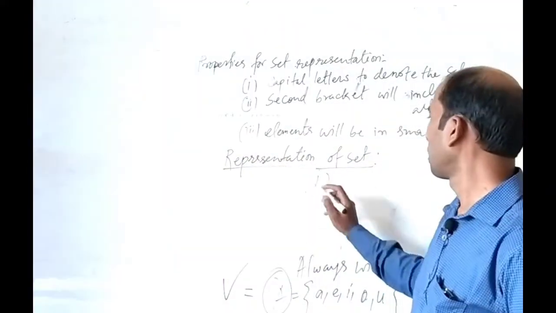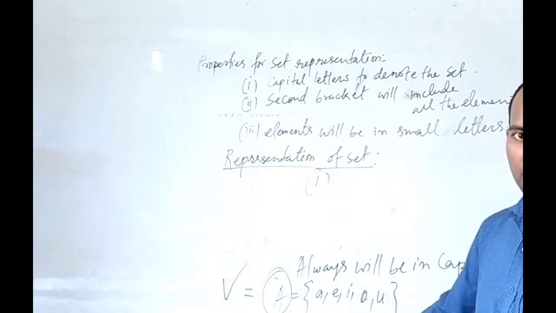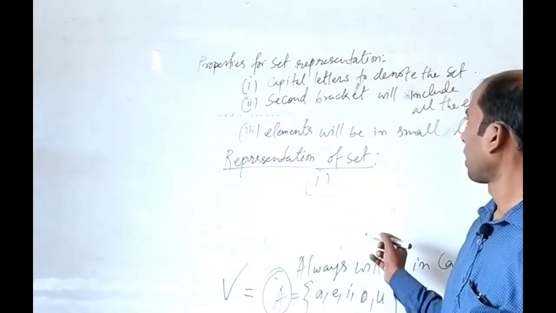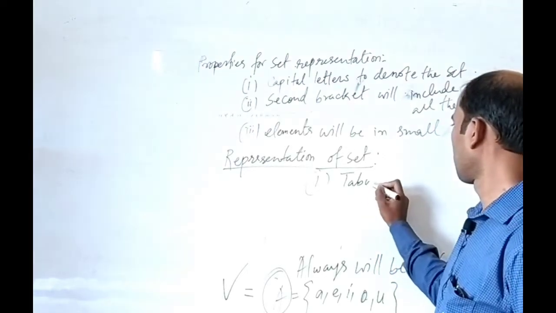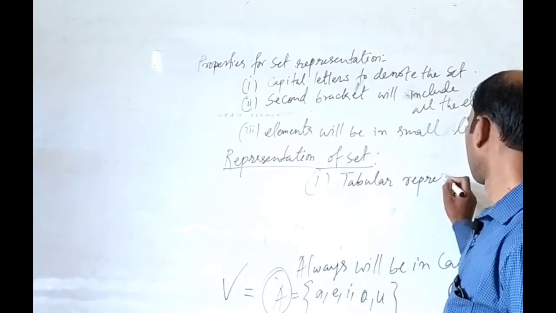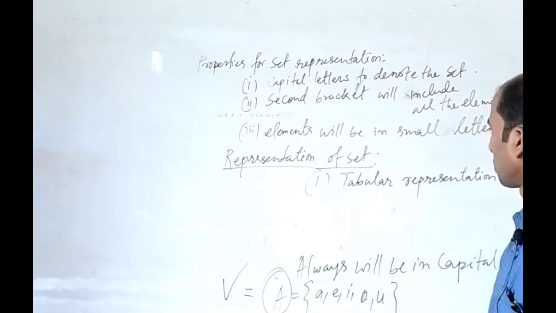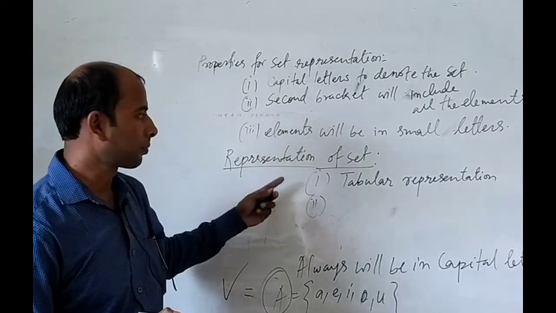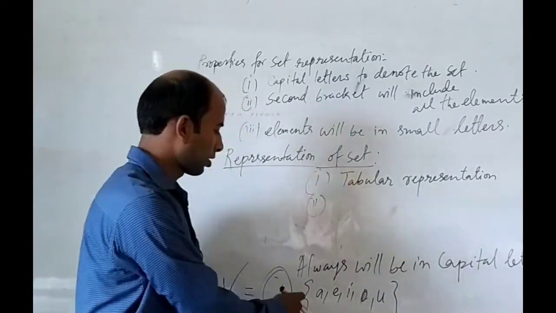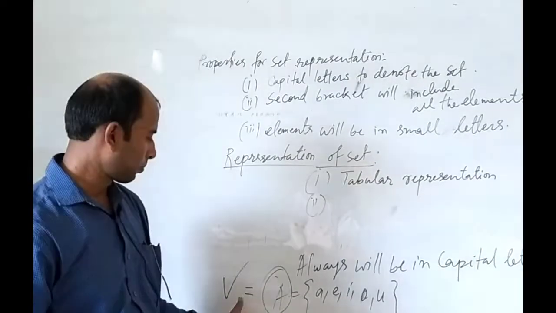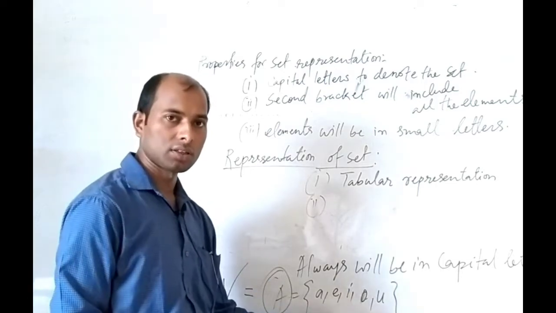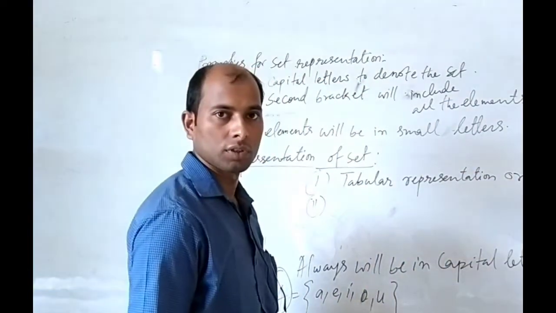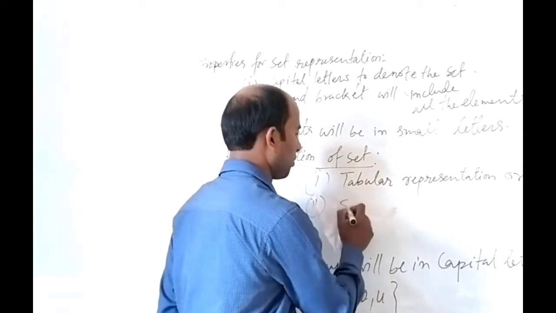The representation where all the elements are included, as in set B or A where all the vowels are included, is called tabular representation, and the other representation is the set builder method.